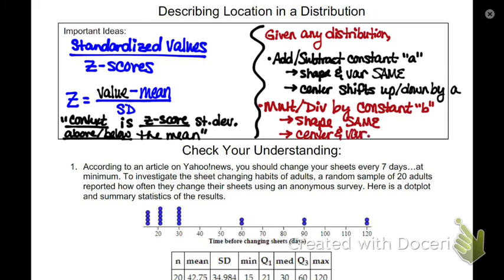Center and variability will multiply or divide by B.